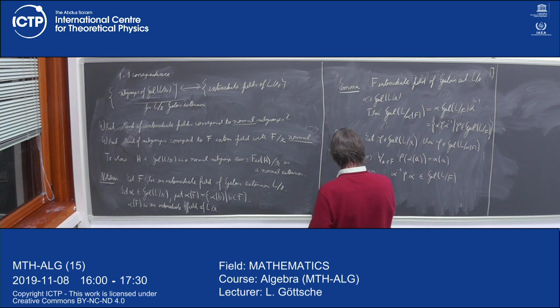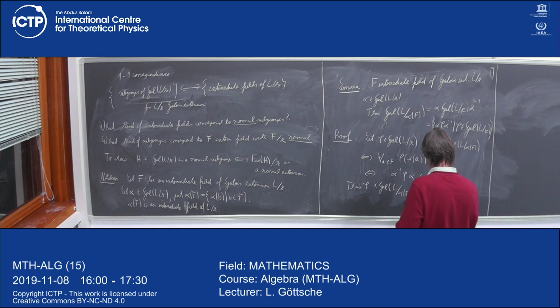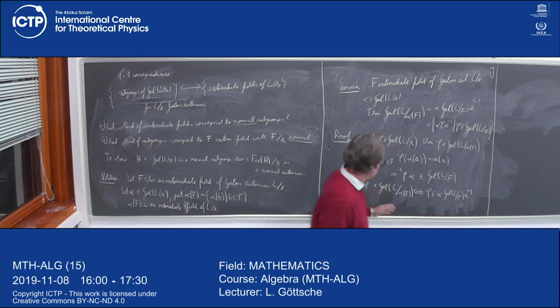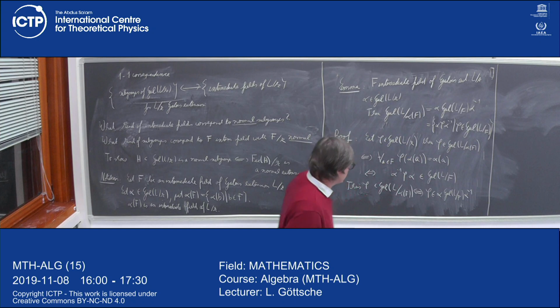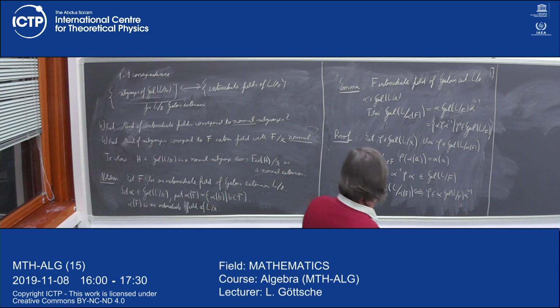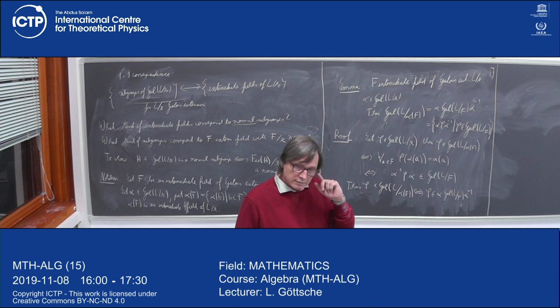So it follows that phi is in the Galois group of L over alpha of F if and only if phi is an element in alpha times the Galois group of L over F times alpha to the minus 1. And we just multiply like this. What? Yeah, I mean the inverse. What inverse? No, I mean instead of multiplying, the inverse of this is in the group because this is a group.